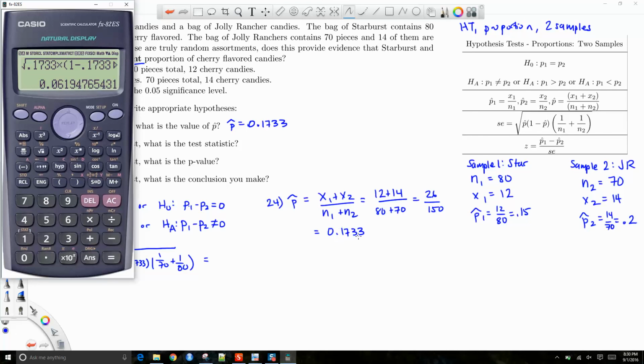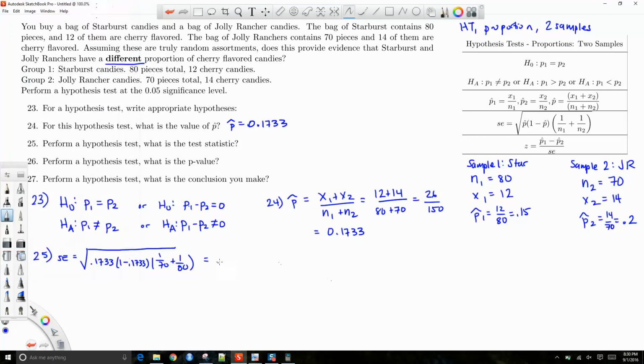Does that sound reasonable? Seems reasonable to me. Or 0.06195. Okay, so that's our standard error. So our z-score is the difference between p hat 1 and p hat 2 divided by our standard error.